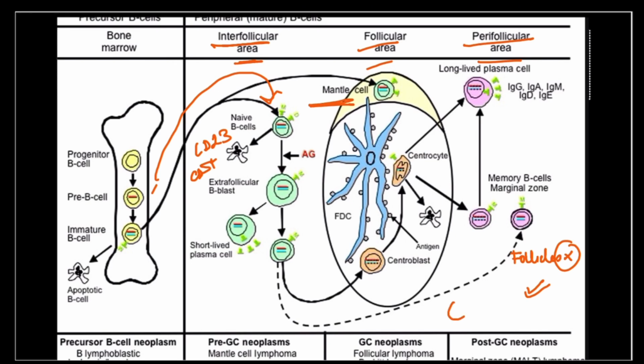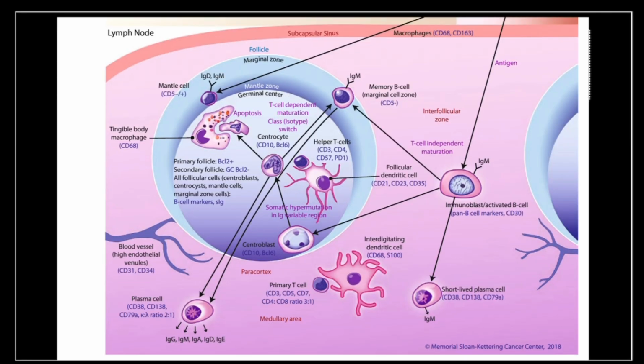All these cells of the follicular area are going to be positive for BCL6 and CD10, and apart from these centroblasts and centrocytes, they will have follicular dendritic cells and T follicular helper cells, which are going to help them in T-dependent activation. So this germinal center is said to be a polarized area. Why polarization? Because we talked about how it has some darker areas and lighter areas.